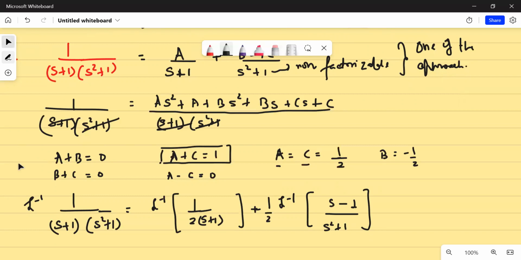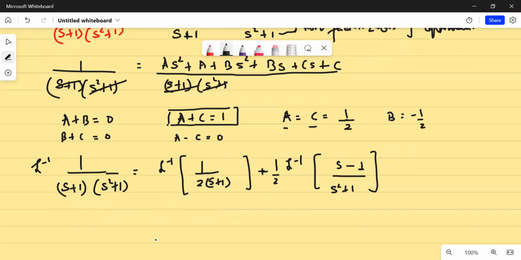From here, I think it's quite evident that for the first term you'll get 1 upon 2 e to the power minus t, and for the next two terms you'll get 1 upon 2 (sine t minus cos t). I hope it is clear.